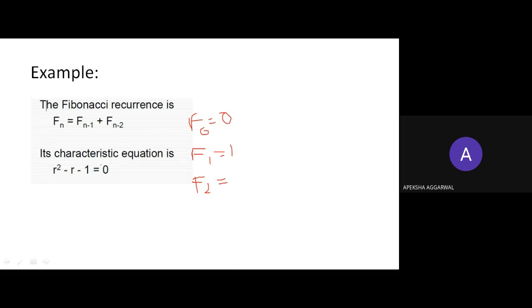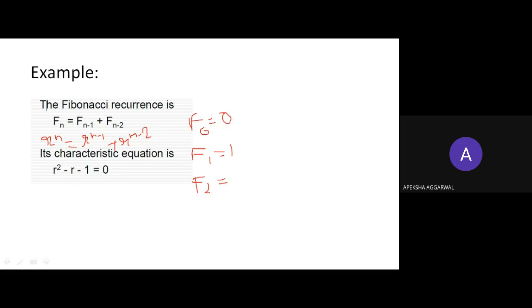So the characteristic equation is nothing but: you just place some variable r instead of the f_n. You will place r to the power n equals r to the power n minus 1 plus r to the power n minus 2, and you divide both sides by r to the power n minus 2.